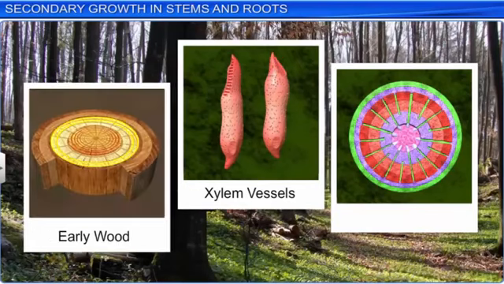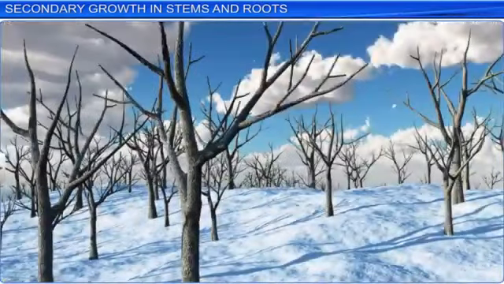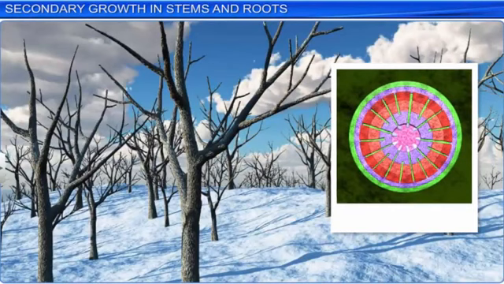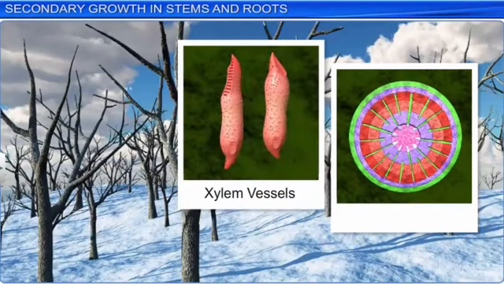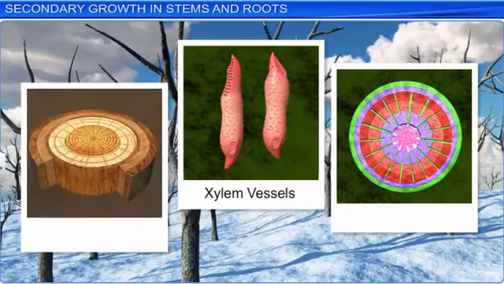Wood formed during this season is called spring wood or early wood. On the other hand, during winter, the cambium is less active. Hence, it forms fewer xylary elements with narrow vessels. Wood formed during autumn is called autumn wood or late wood.